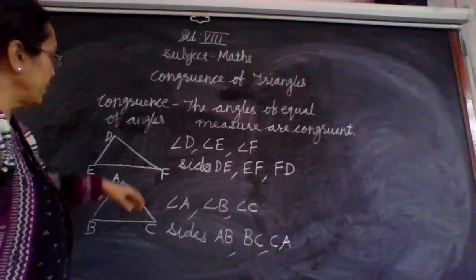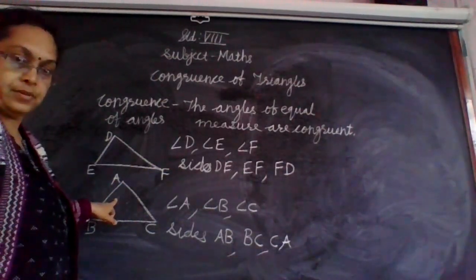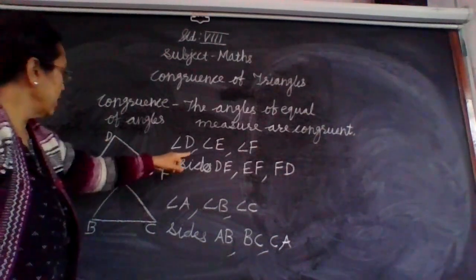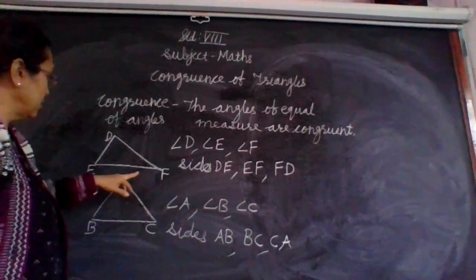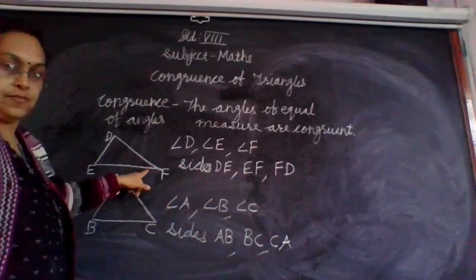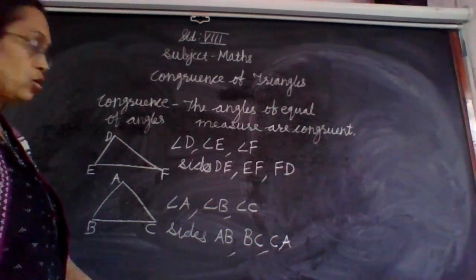So we compare whether angle D and angle A are of the same measure, angle E and angle B are of the same measure, and angle C and angle F. So are the three angles of the same measure or not?